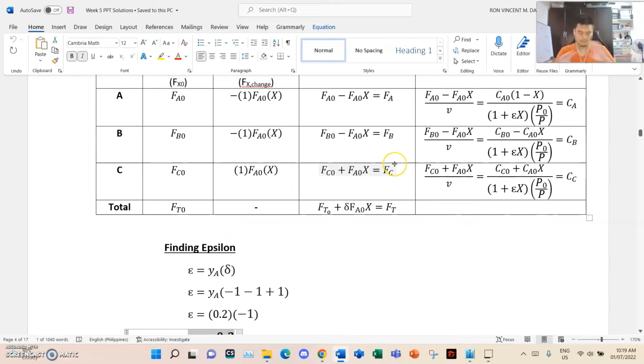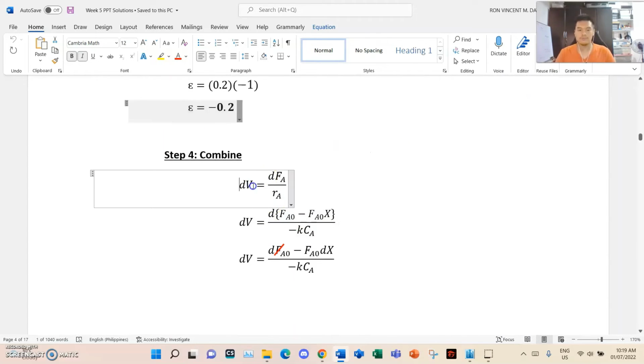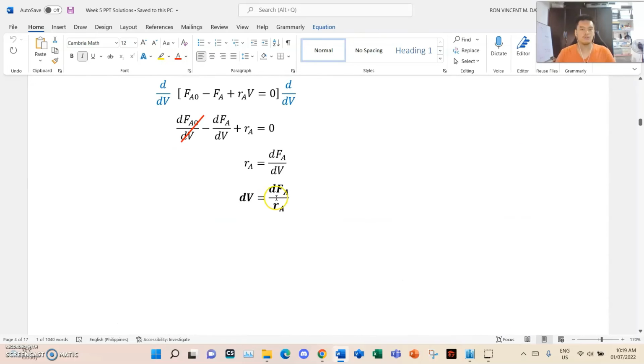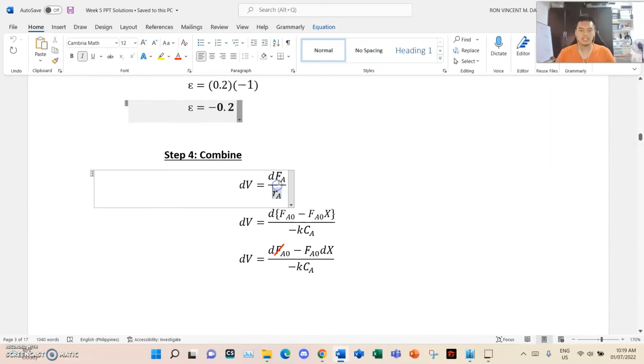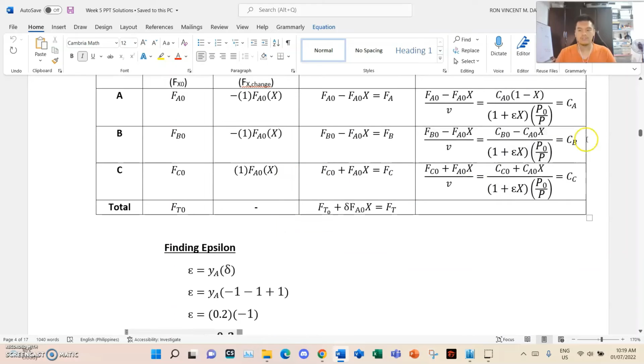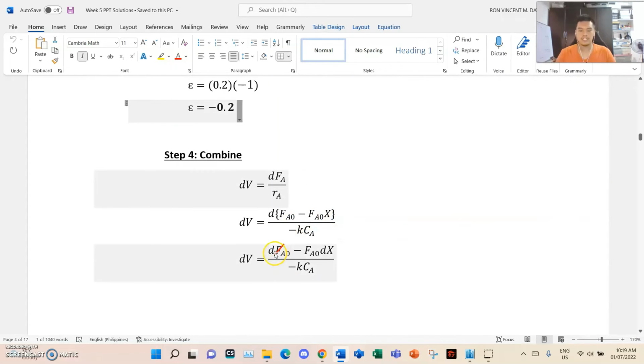Afterwards, we define everything, and then we just simply combine. So how do we combine? We go back to our first step, and we get this derived value from the general mole balance, and then we define FA using this from the stoichiometric table, and then cancel out.